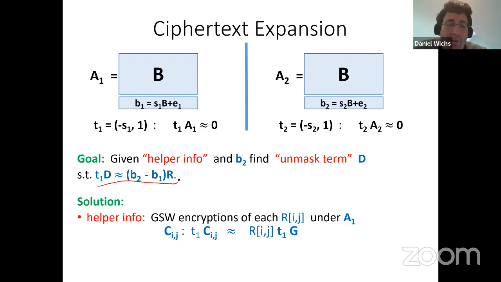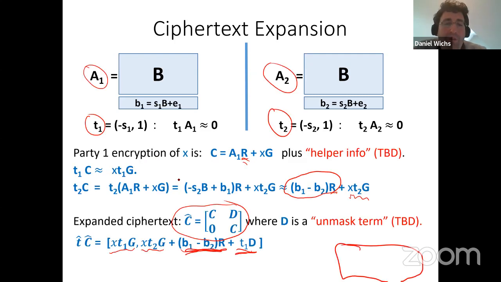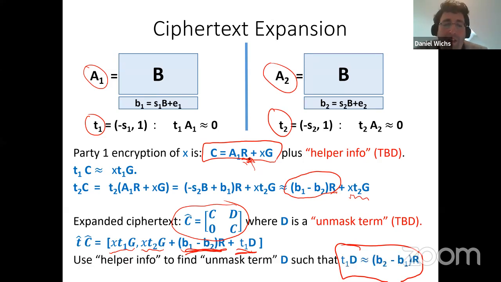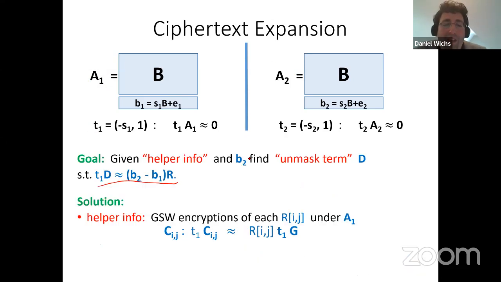So remember, party 1 generated, sorry, I'm going to go back one slide. So party 1 generated this GSW ciphertext of its bit X. And then we're going to take this randomness R that it used to encrypt it, and we're going to encrypt it again using the same scheme. So we're going to create many ciphertexts, one for each bit of this randomness.